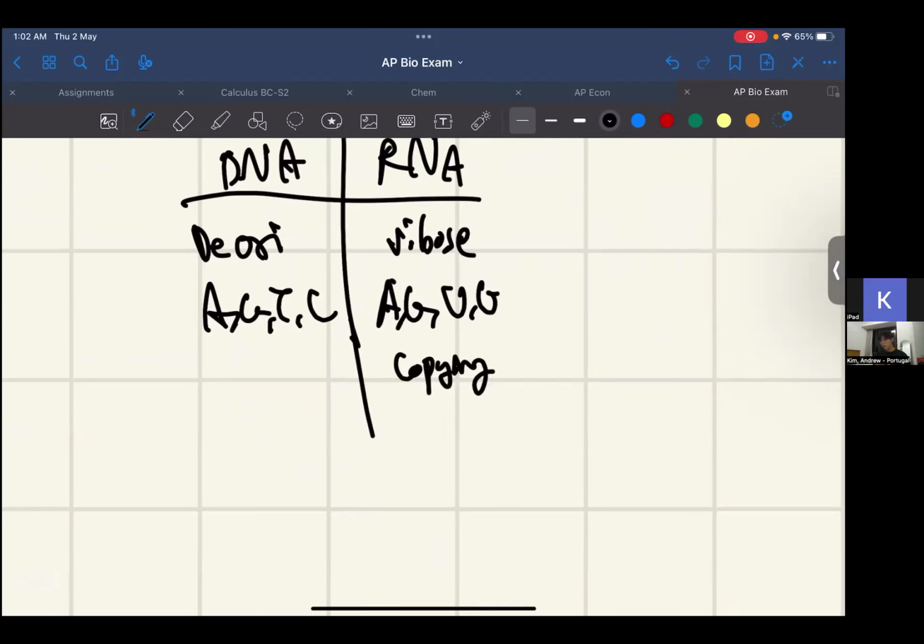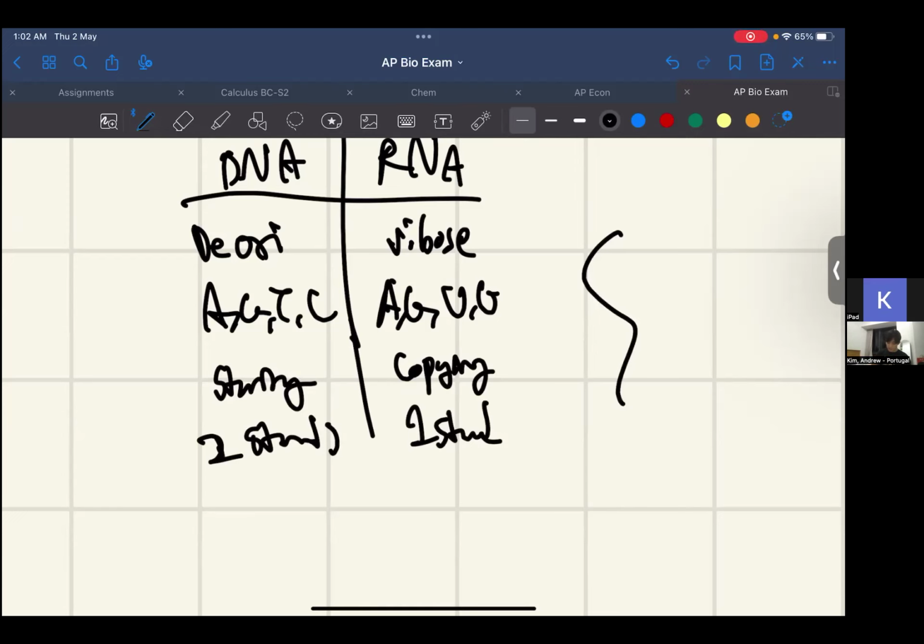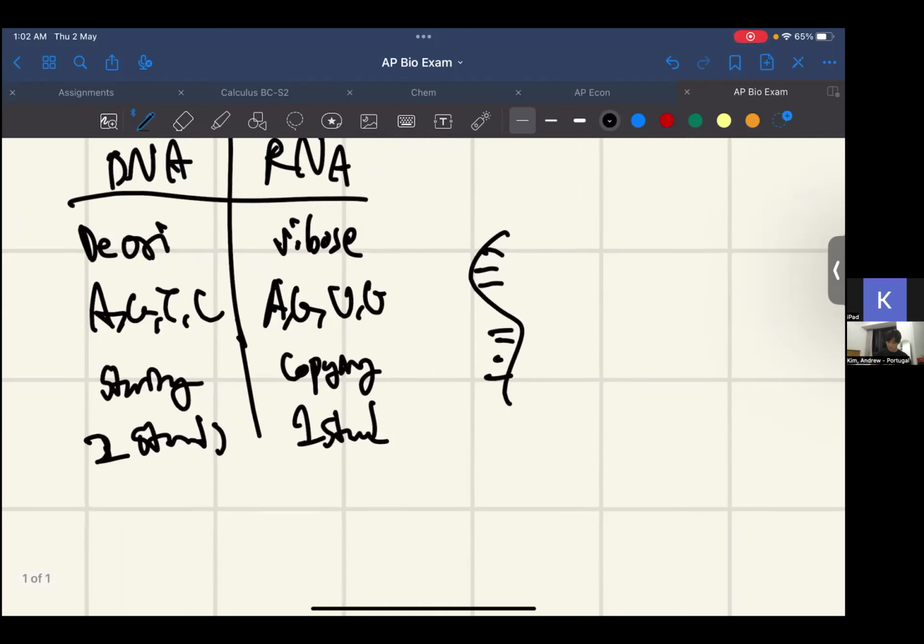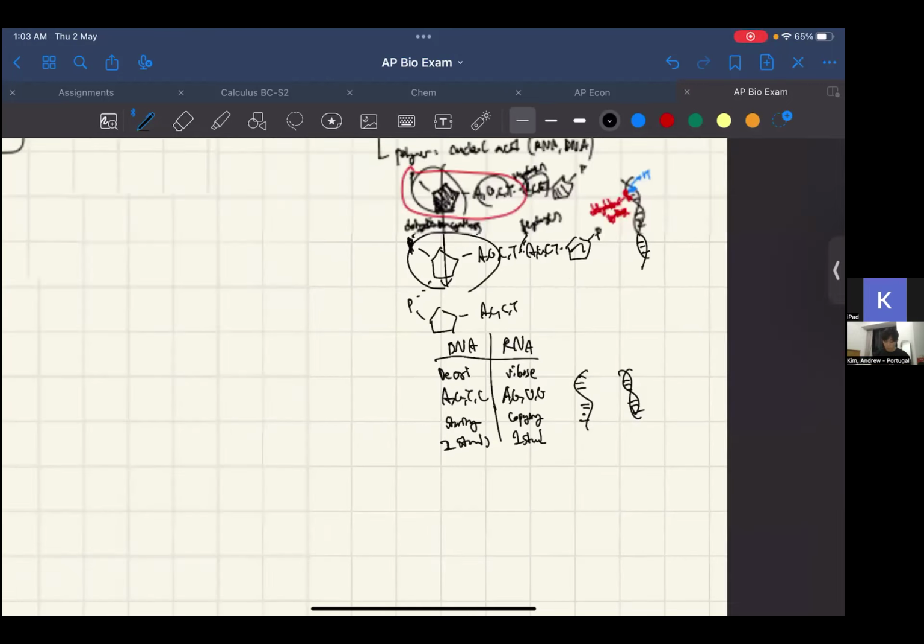Well, only if it's mRNA, copying genetic information, whereas DNA's main purpose is storing genetic information. And lastly, DNA has, of course, two strands. RNA only has one strand. RNA is what it looks like this. DNA is what it looks like this. Of course, there are different types of RNAs, and I will explain that in later units. So don't worry about that.